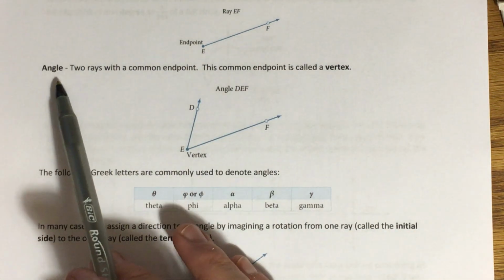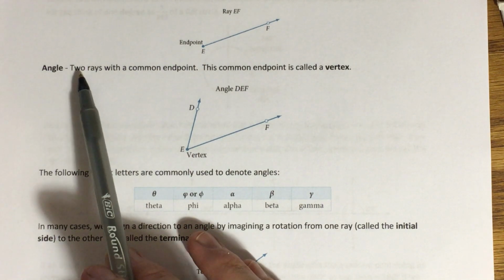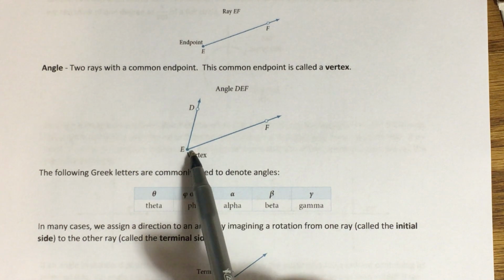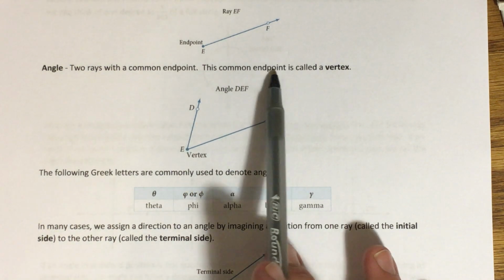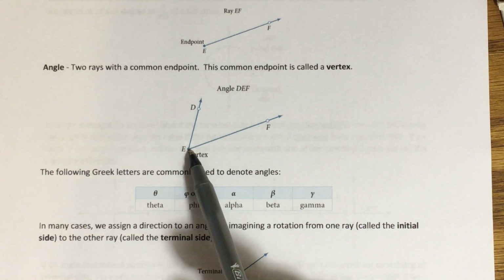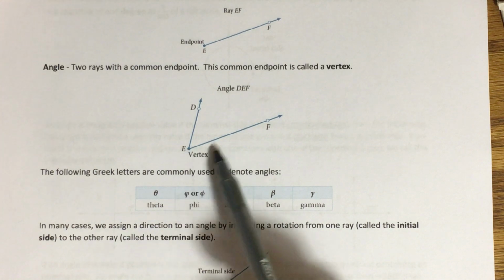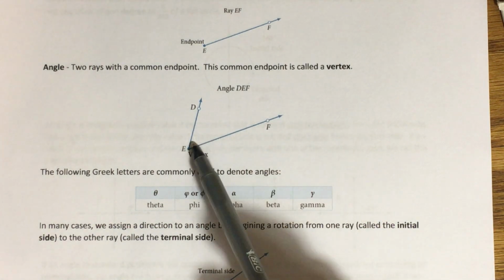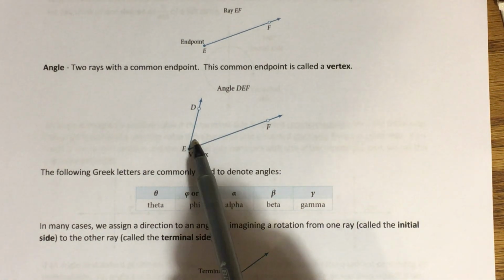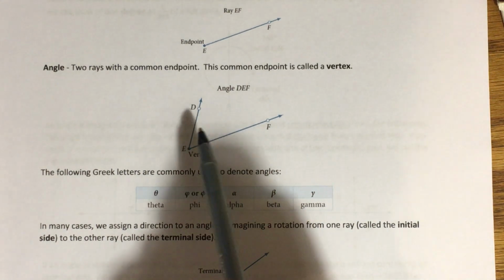So the way that we define an angle is two rays that share a common endpoint. That endpoint is called a vertex. So here's an example of an angle. You can see there's the common endpoint here. It's labeled vertex. It's point E, and the two rays extend in different directions in this case. Together they form this thing called an angle.